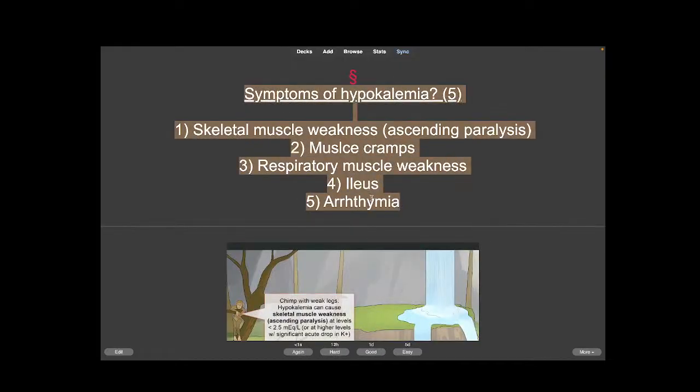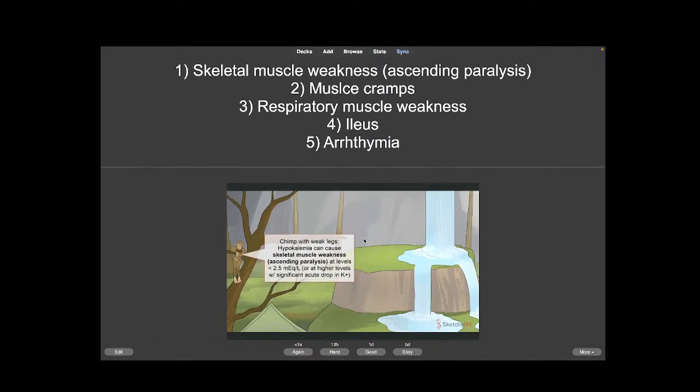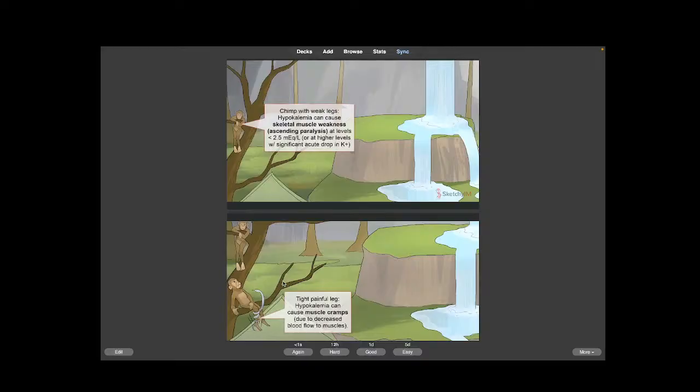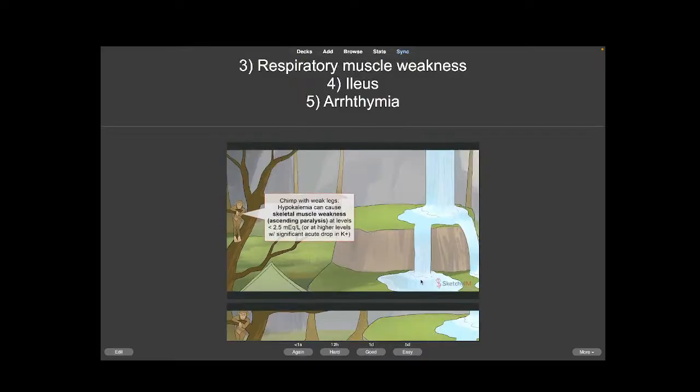Symptoms of hypokalemia are skeletal muscle weakness, ascending paralysis, muscle cramps, ileus, arrhythmia. Hypokalemia can cause skeletal muscle weakness. Tight painful leg, hypokalemia can cause muscle cramps.